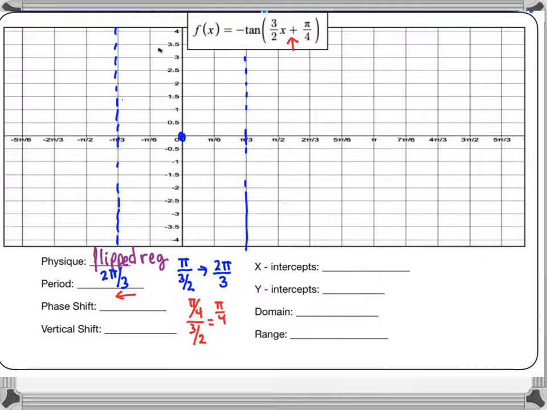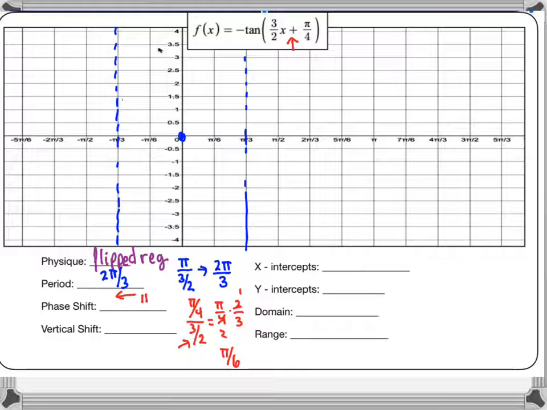I flip and multiply the denominator there, which gives me pi over 4 times 2/3. Just doing some calculations here, not too difficult, and we get pi over 6 to the left.